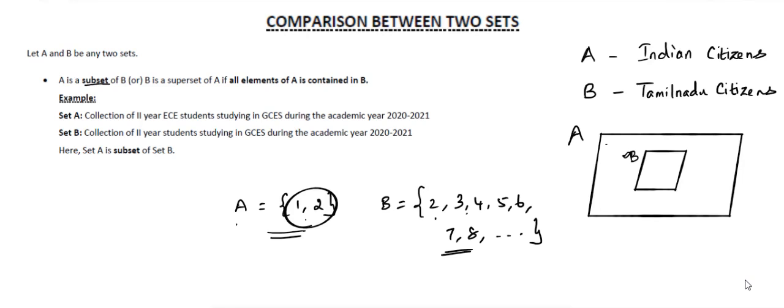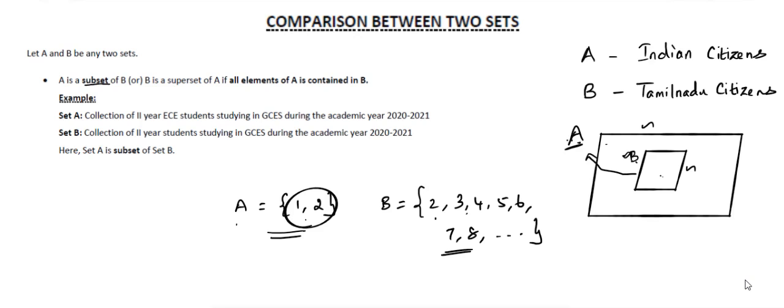So the smaller one is called a subset of the bigger one, and the bigger one is called a superset of the smaller one. Here B is a subset of A, and A is a superset of B. Is it clear? So this is the subset definition.